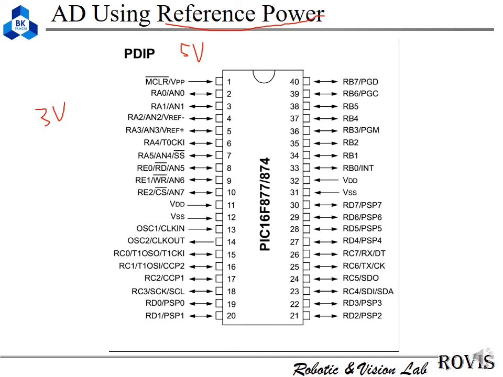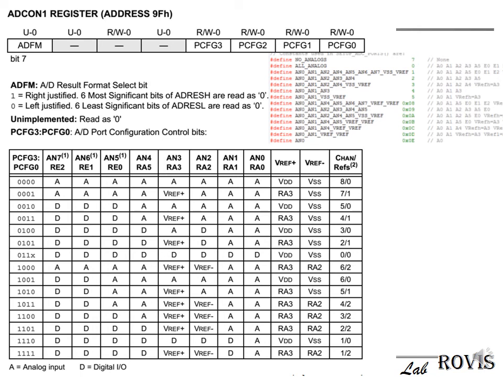If we have a 3 volt sensor, we have to connect it to this pin minus, and the power source of the sensor has to connect to this pin. So we choose the reference mode. To choose the reference power mode, for the PIC16F877 we have this table.